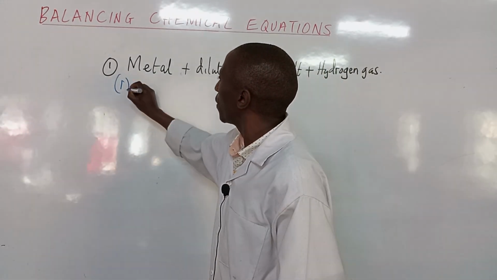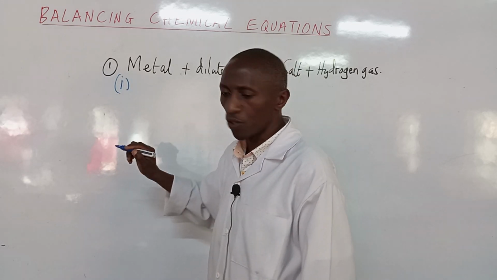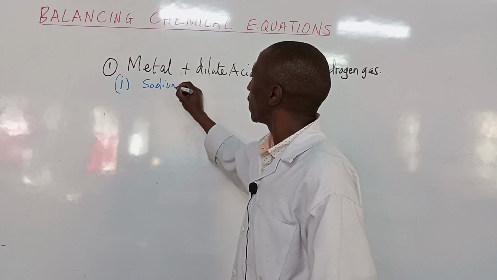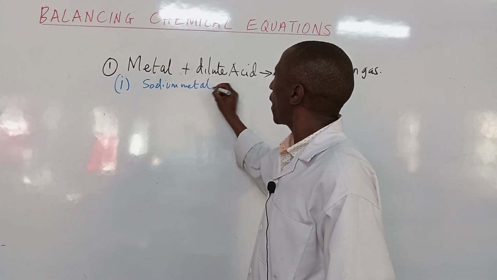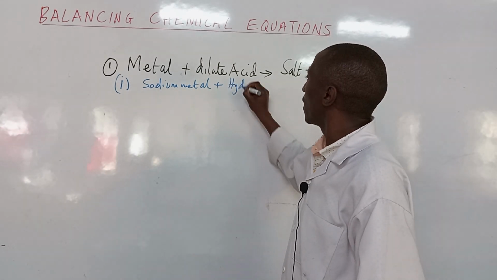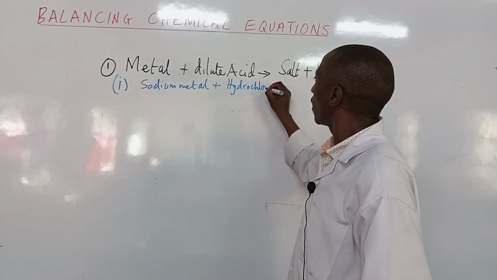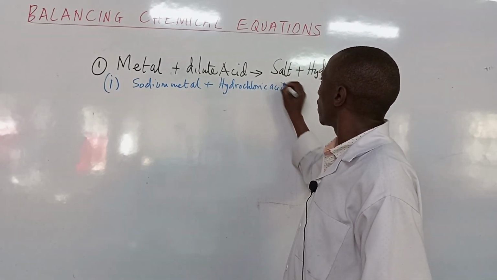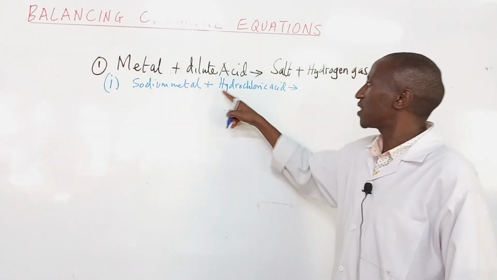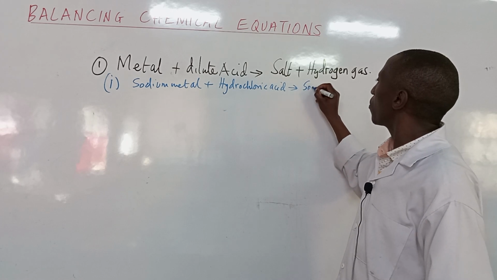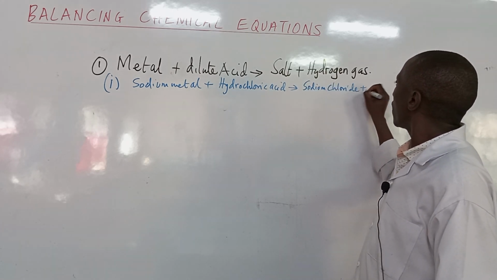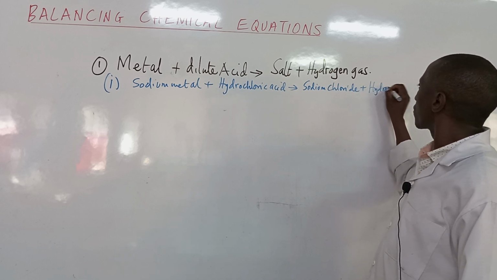An equation between sodium metal and a dilute acid like hydrochloric acid. The salt will be a salt of sodium, and that gives you sodium chloride and hydrogen gas.